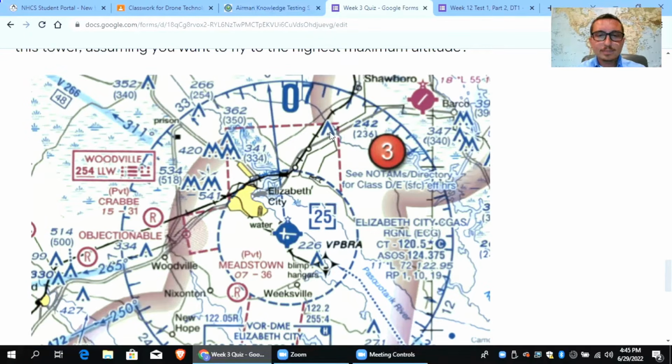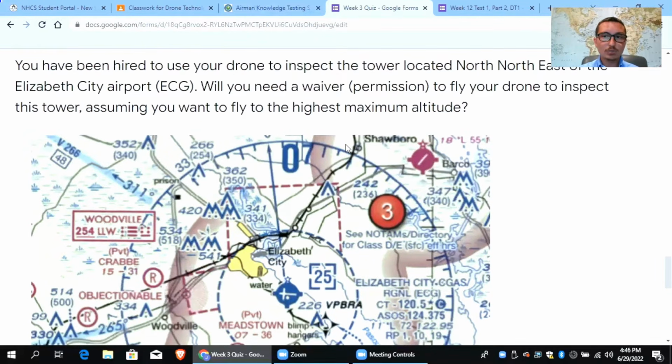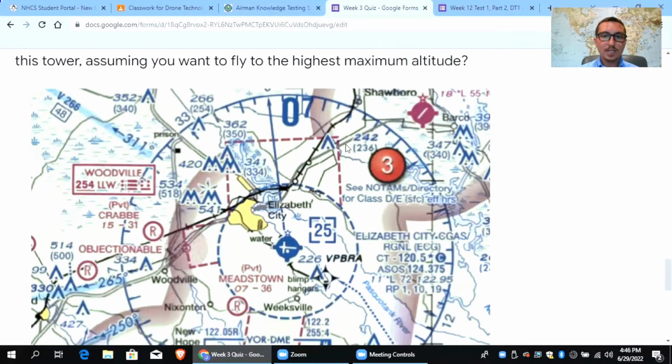So, okay. This tower, it says that it's 236 feet AGL. So that means we can fly to a height of 636 feet AGL because we're allowed to fly 400 feet over the tower. However, the question is, will you need a waiver to fly your drone to inspect this tower?